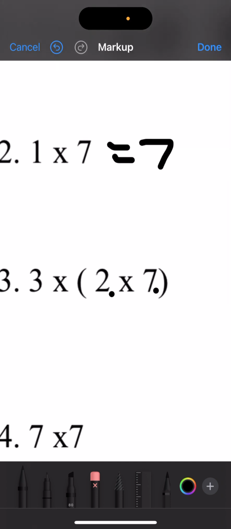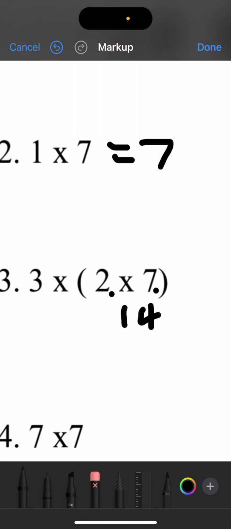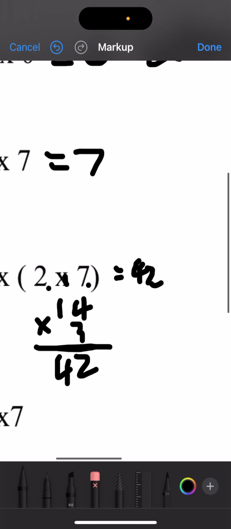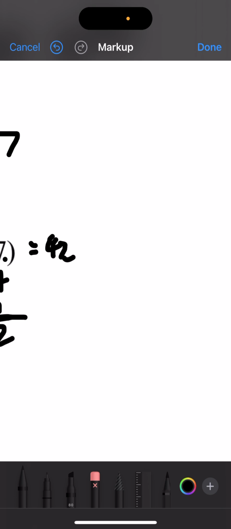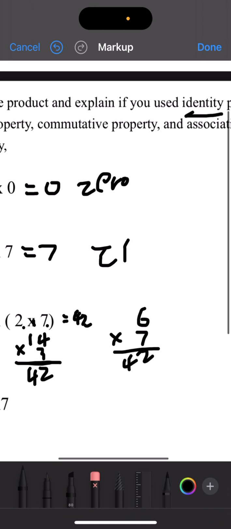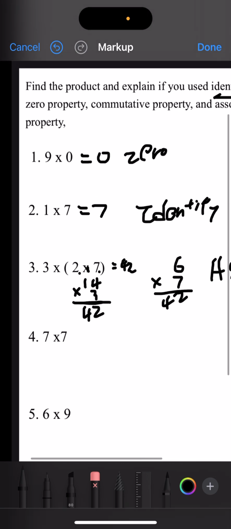So we could do 2 times 7, which is 14, and 14 times 3, which is 42. Even if we get rid of it and do 3 times 2 first, 3 times 2 gives us 6, 6 times 7 gives us 42. And so this one will be called associative property.